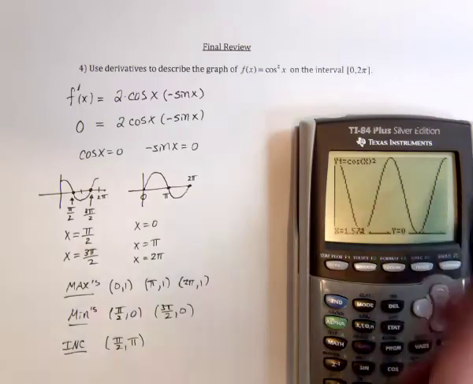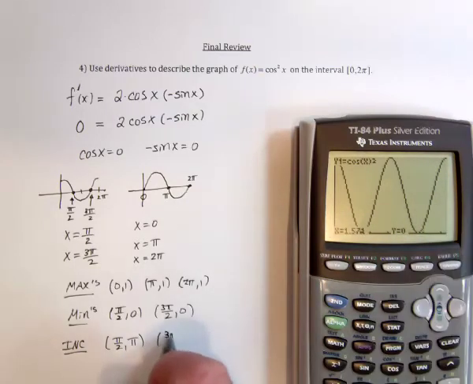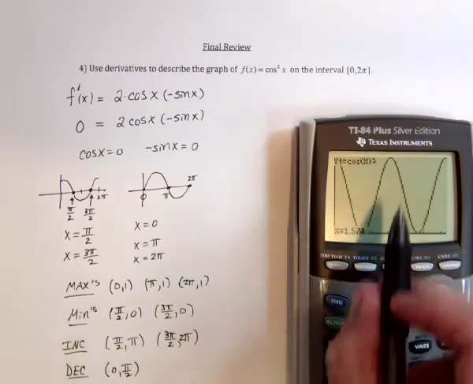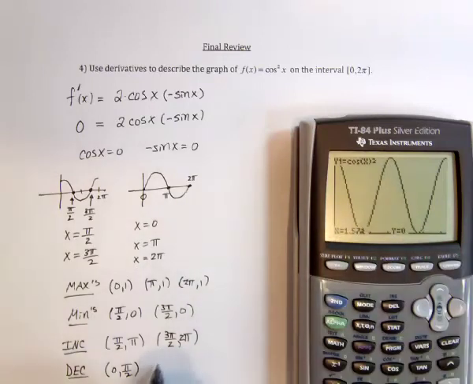And then from here to here, so that's 3 pi over 2 to 2 pi. And then decreasing at the beginning from 0 to pi over 2, and then from the middle to 3 pi over 2.